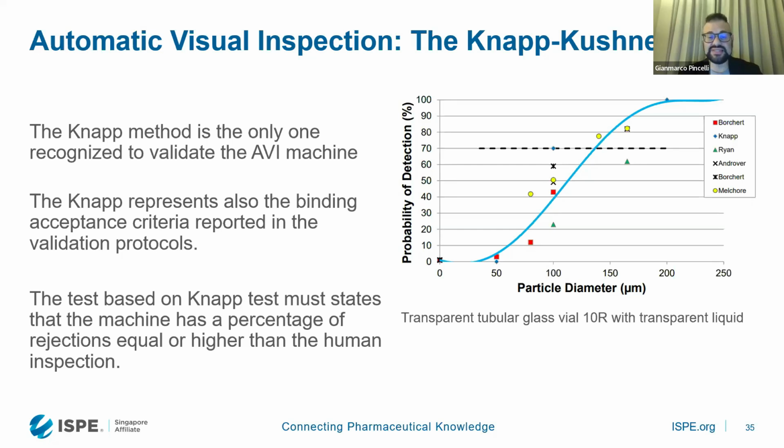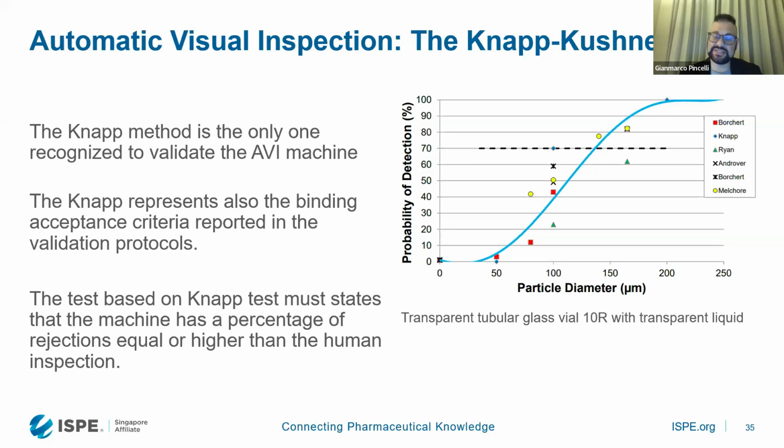So about the detectability of the particulate. There are customers asking me which particulate your machine can detect. As Andrea mentioned, it's not a question we can answer because it depends on a lot of things. Anyhow, some studies were done by different scientists like Knapp, Borchert, Melchior.